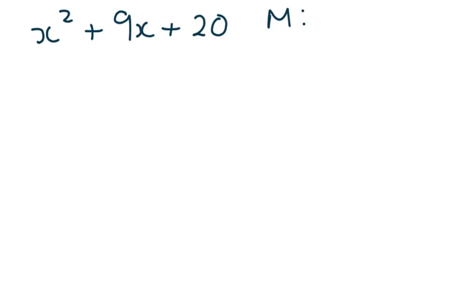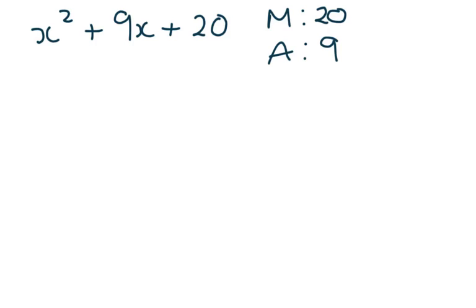When we do factorising, for example, if we've got something like this, okay, so what we need to do first is find two numbers that multiply to 20 and add to 9. You also have to include the sign, so for this one it's both positive, so it doesn't matter.